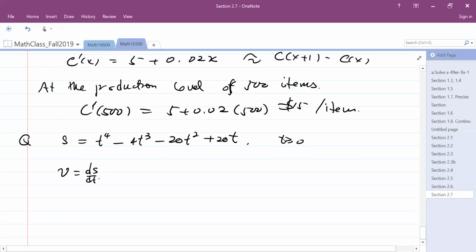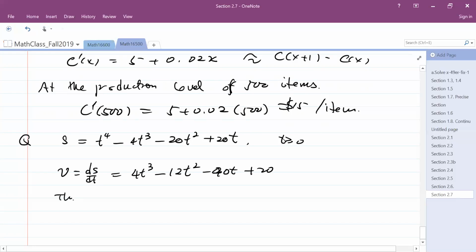That is the rate of change in position. So that is going to be 4t cubed minus 12t squared minus 40t plus 20. That is the velocity, the rate of change in position at time t.